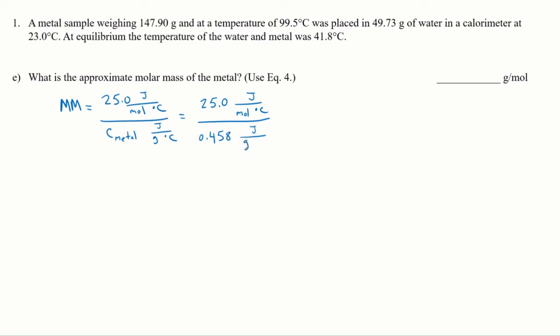joules per gram degree. Now if we look at the units, we will see that joules cancels. We see that degrees Celsius also cancels, and the units that are left are moles and grams.